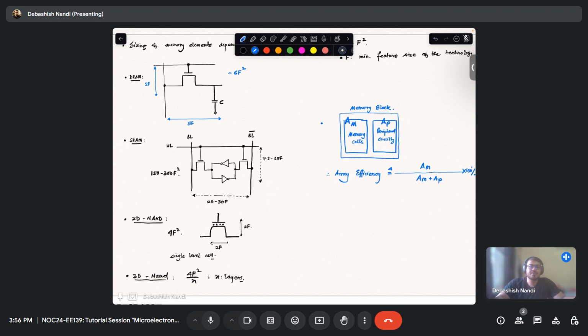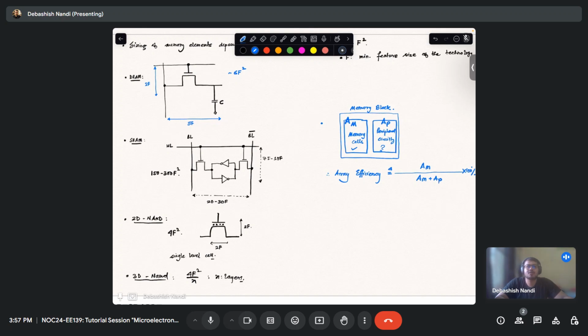For example, I have seen many research papers where they claim that they have shrunk the area of the memory cell, but to access that, you need to have very large peripheral circuits. Maybe you have reduced the area of the memory cell, but you are compromising with the peripheral circuitry. You need to have large sense amplifiers, ADCs, and whatnot. So a proper performance indicator can be the array efficiency of the memory array, okay?